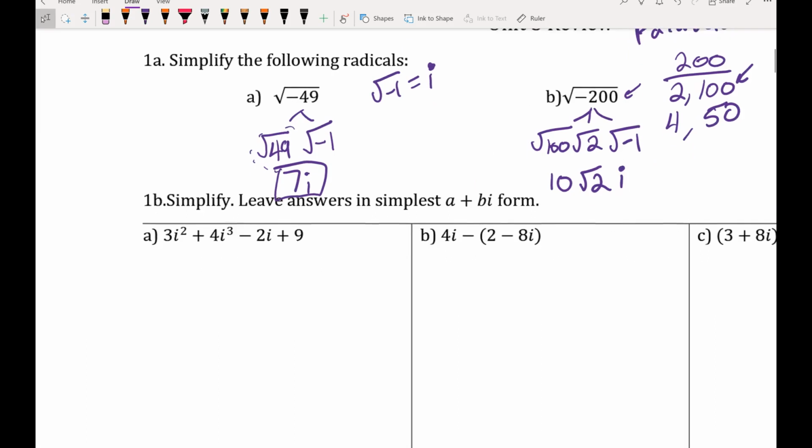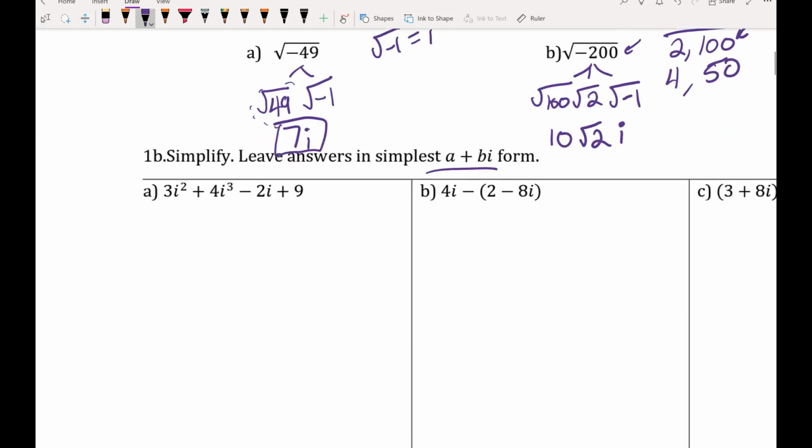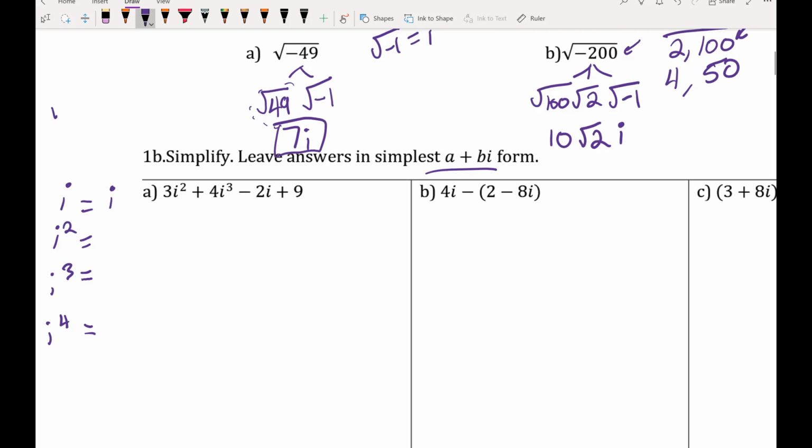Speaking of which, for the next problem, we have to leave all of these in a plus bi form. So we've got to remember a couple rules about i when we're looking at these problems. Before I do any of these problems, I like to write down the 4 different i terms that we have to have in our back pocket here. i is just i. But i squared, if we're thinking about negative 1 under the radical times negative 1 under the radical, the radicals cancel, and we're left with negative 1.